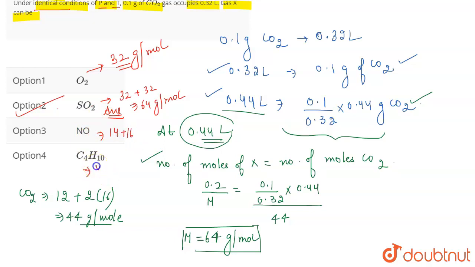And C4H10 is 4 into 12 plus hydrogen 10, so this becomes 48 plus 10, which is 58, which again cannot be the answer. So the correct answer is option 2 only.